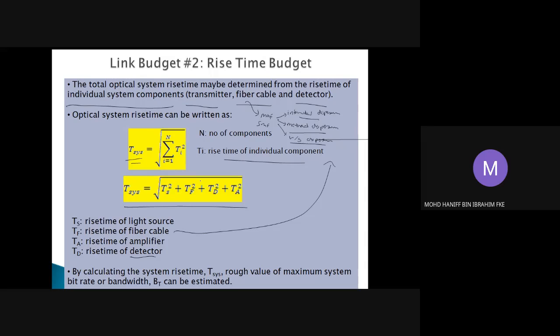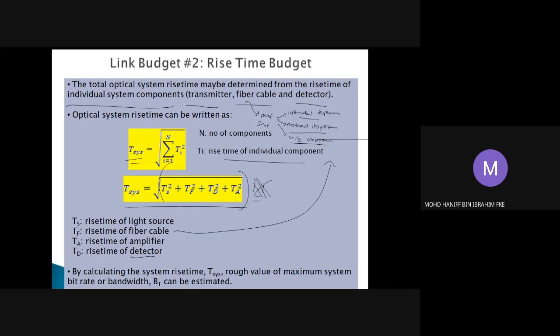Okay, some books use a total rise time by this equation multiplied with 1.1. But from my readings, most of the books just have this equation, in which they ignore the 1.1 factor.